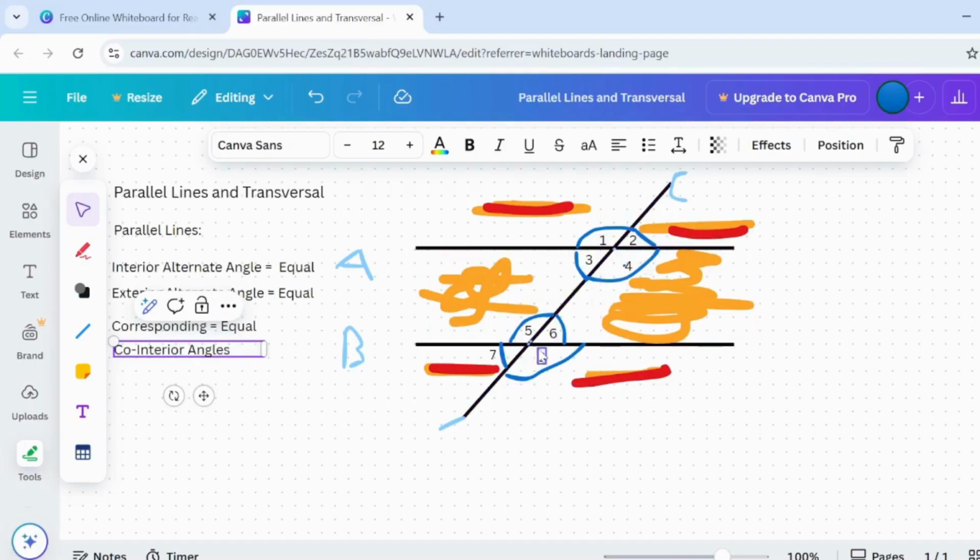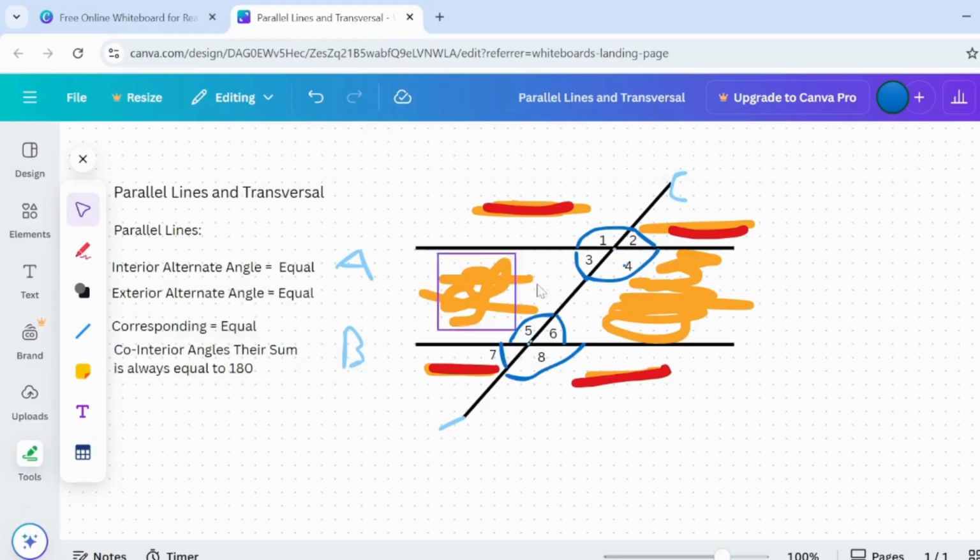The sum of those two angles is always equal to 180 degrees. So these are all the types of angles.